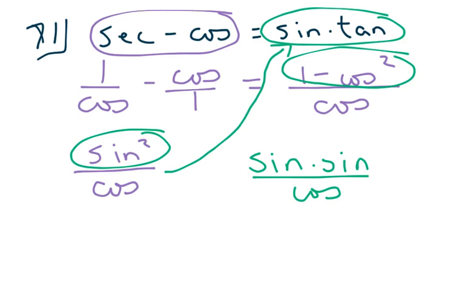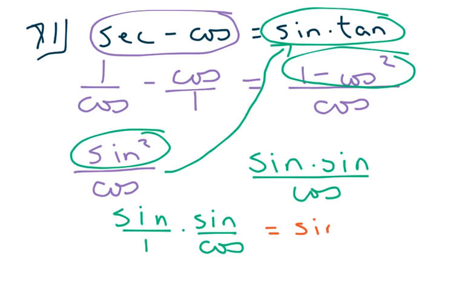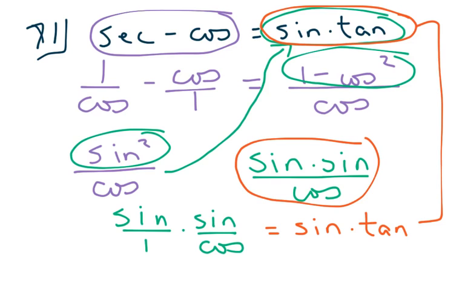And I can also write it as sine over 1 times sine over cosine, which gives me sine times tan. This is a case where I really looked at what my answer should look like, my identity, before I broke all this up, because I want it to look the same. 1 times cosine is cosine, and I just split my sines up.